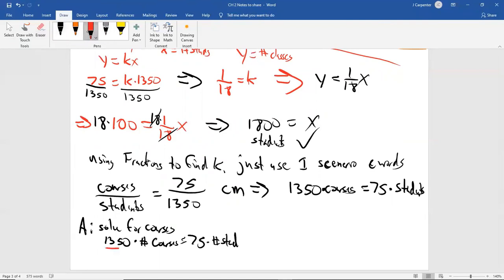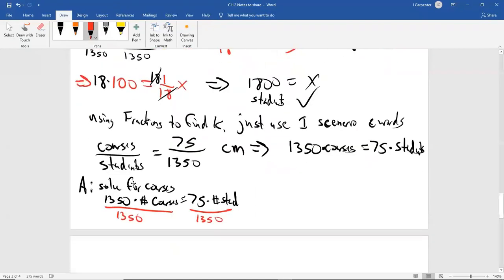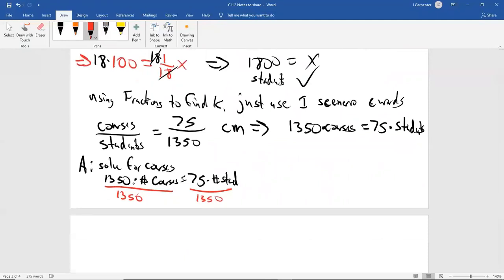To solve for the courses, you divide both sides by 1350. We already know that fraction reduces to 1/18. That's 1/18, so the number of courses is 1/18 of the number of students.